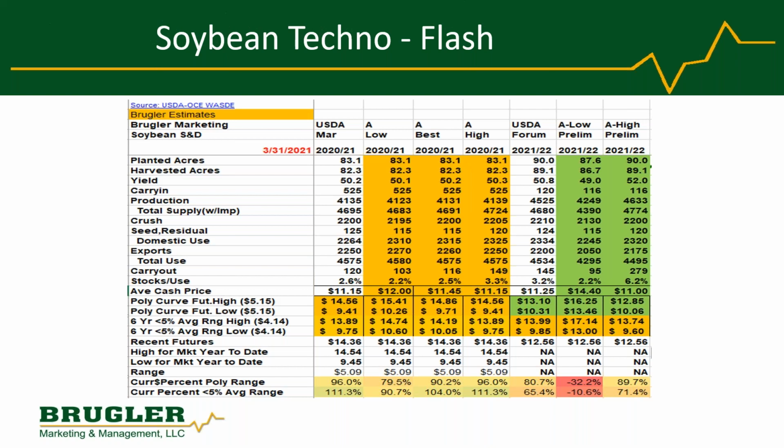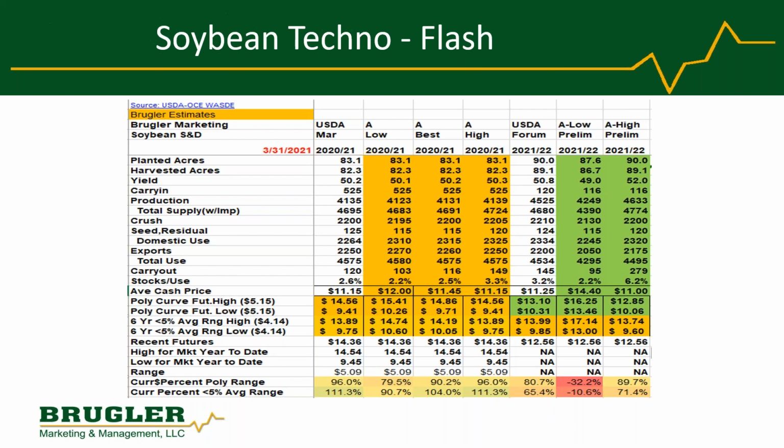We think the exports could be bumped up another 10 or 15 million. The problem there is not export sales, it's the fact that we're going to be down the pipeline supply by August. We think the fourth quarter exports are going to be extremely tight, or very small, because of very tight supplies. So our ending stocks estimate is 116 million bushels.